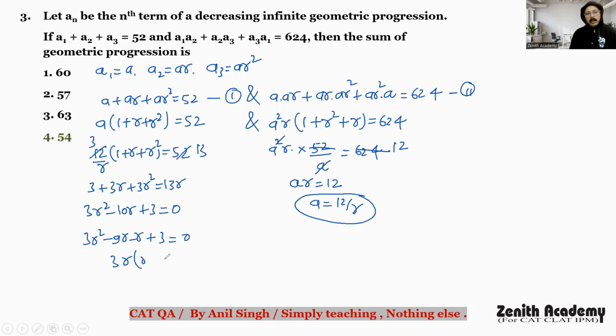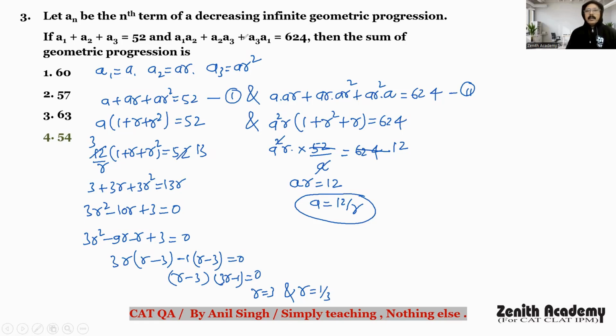So here 3R minus 3, it is minus 1, R minus 3 equal to 0. So this is going to be R minus 3, 3R minus 1 equal to 0. So R is equal to 3 and R is equal to 1 by 3.